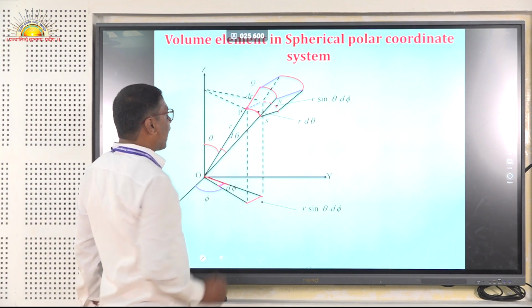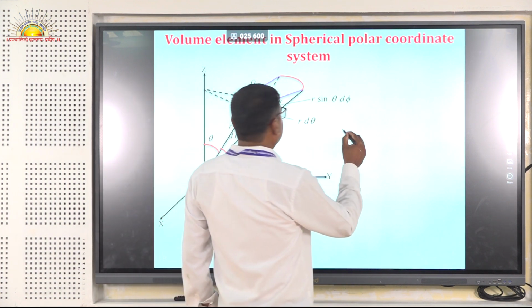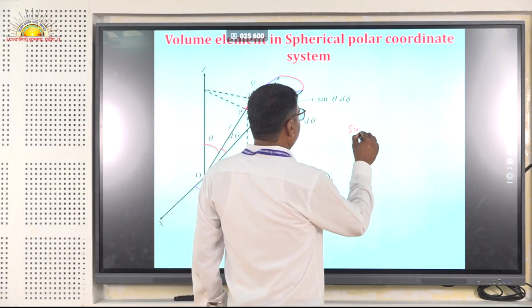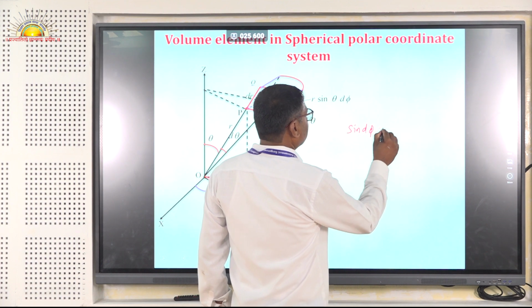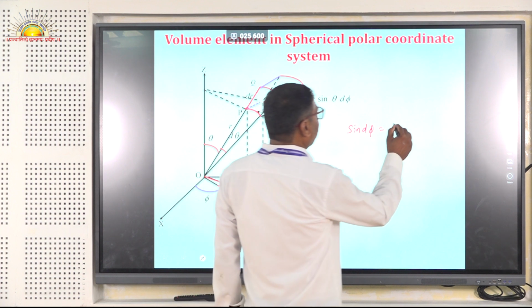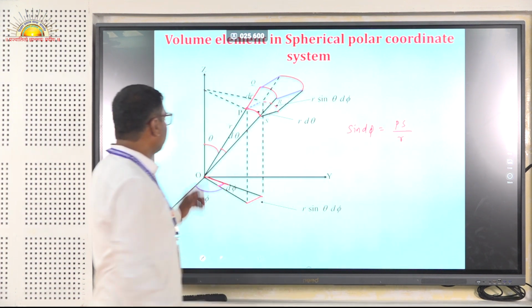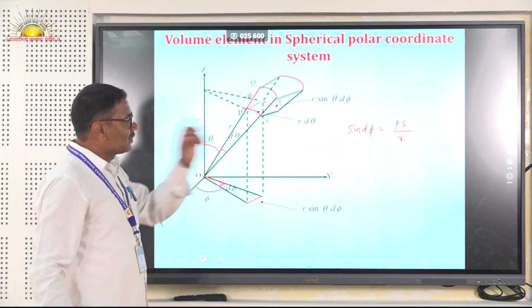Taking the sine of d phi, its opposite side is PS divided by r, where r is your OP, the hypotenuse.